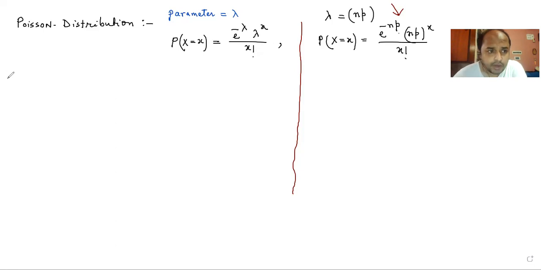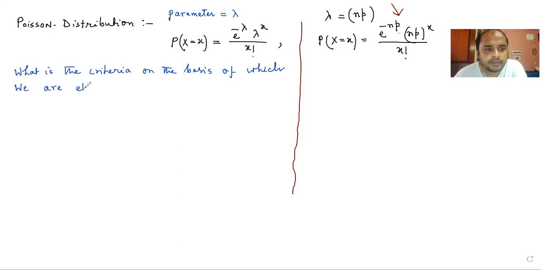But the question is, why can't we apply the Poisson probability law to the given coin tossing problem? Or to put it another way, what is the criterion on the basis of which we are eligible to apply the Poisson probability law?